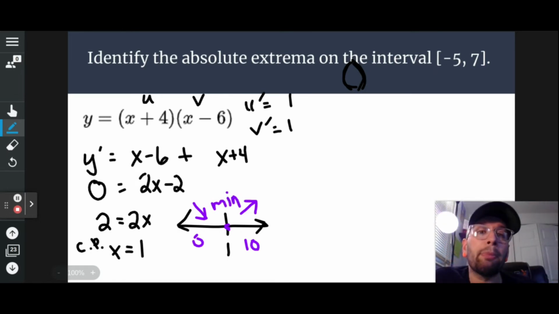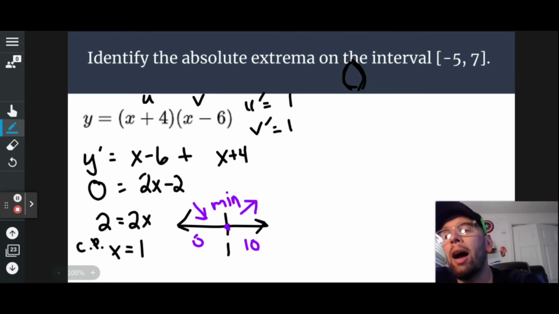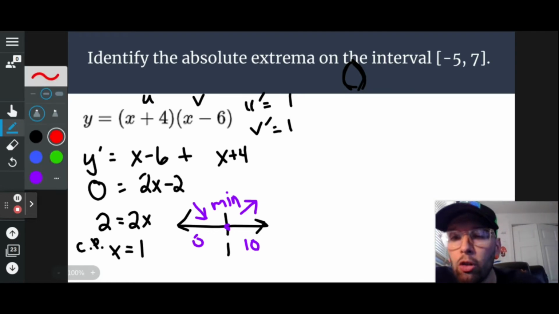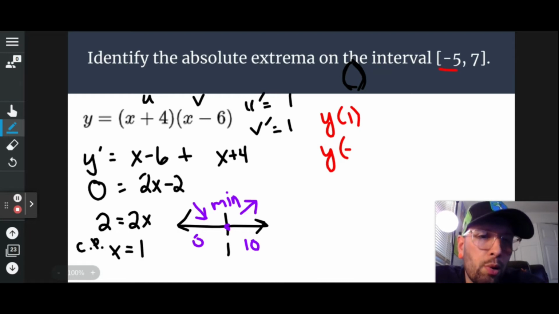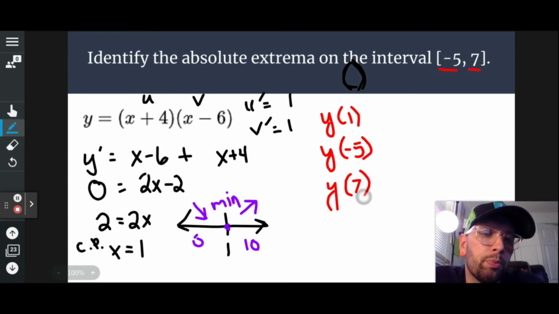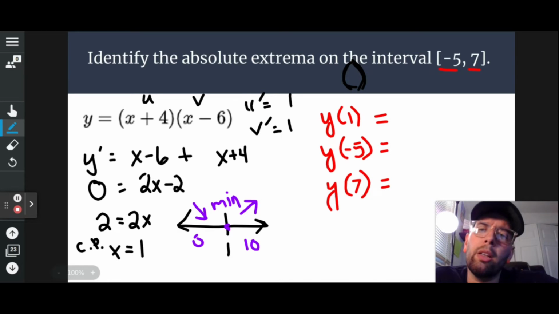But if I'm doing absolute extrema, I also have to include negative 5 and 7. So I have to find y, the original y, of 1, y of negative 5, and y of 7. So I'll just plug it into the original problem.